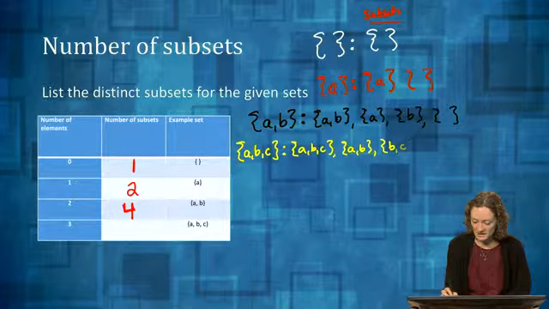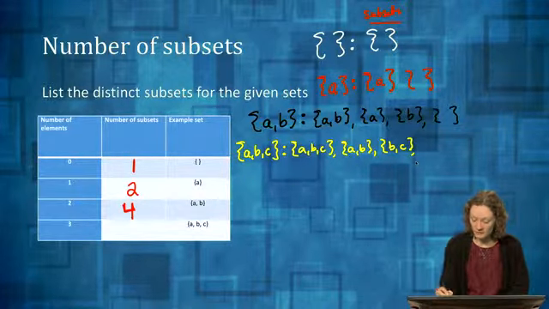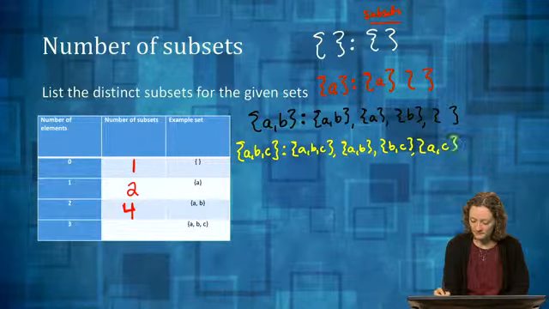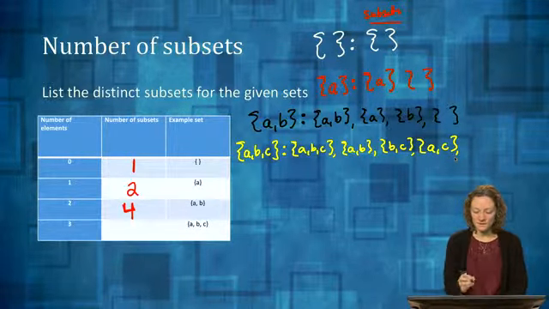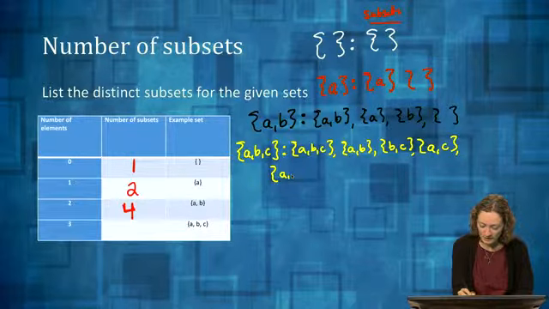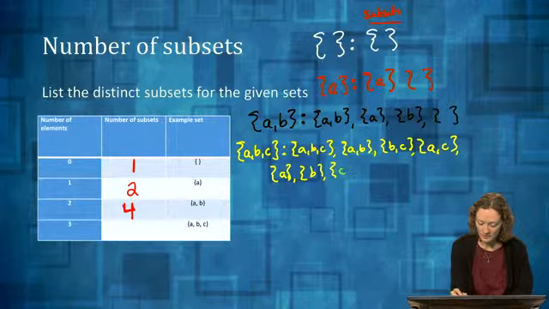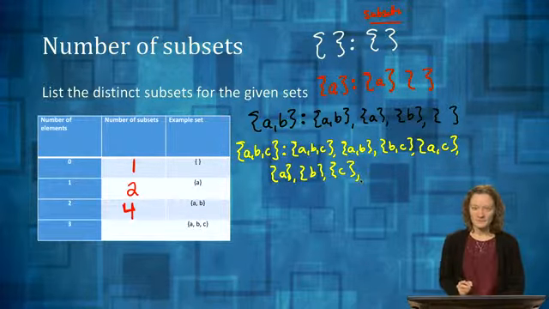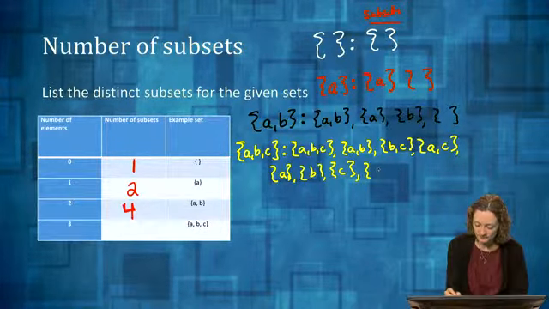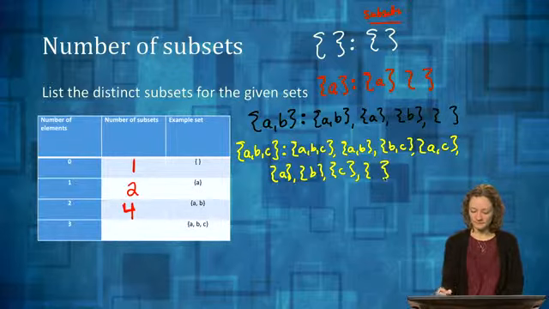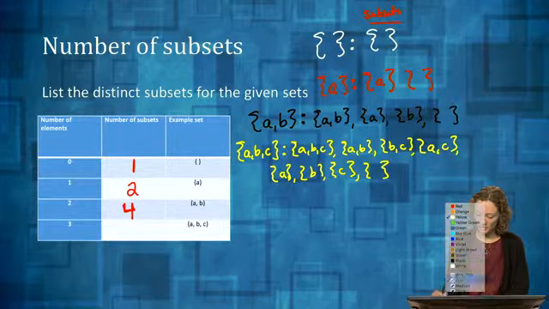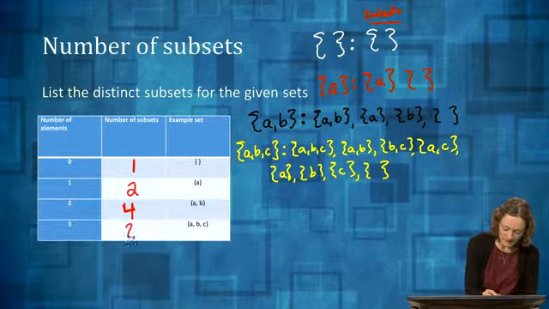It could be BC. It could be AC. We could choose to hand out just 1, and it could be A. It could be B. Or it could be C. And we could choose to hand out none of them, which gives us a total of 8 options.